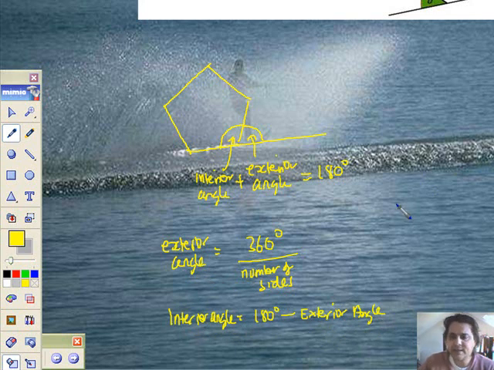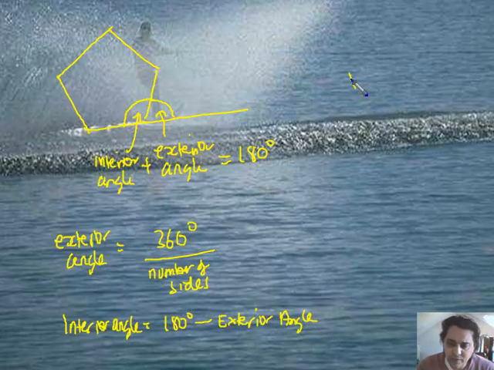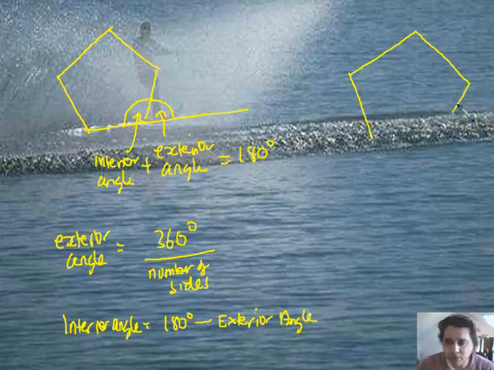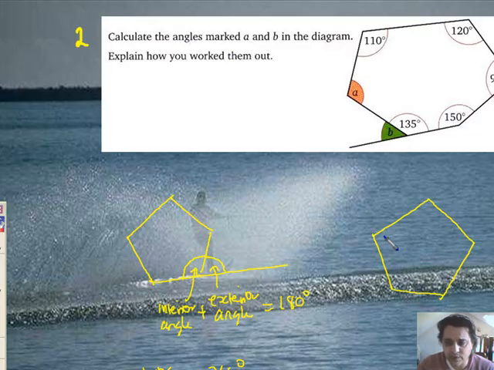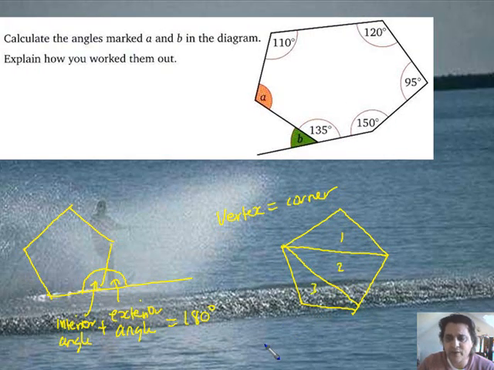Right then, here's another key fact. Working with the pentagon again, I'm not doing question 2 yet, so I've done some ground rules. If I pick, say, this vertex here, a vertex is a corner, so write it down for you. Say this one, I can join that one to that one, and that one to that one. I have got 1, 2, 3 triangles.